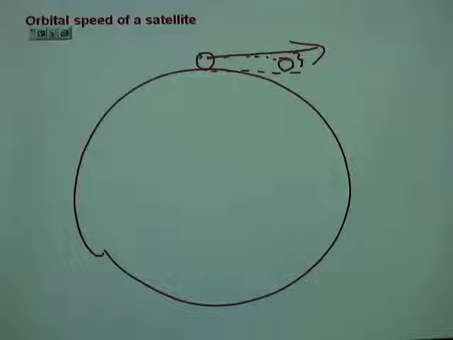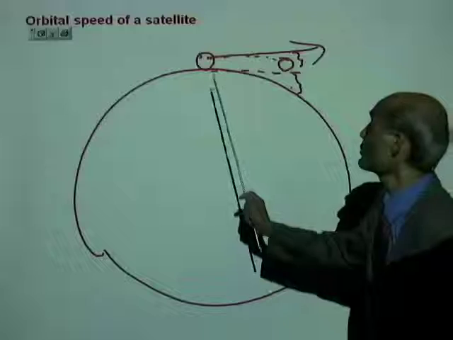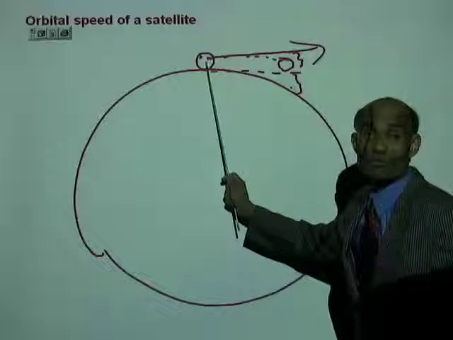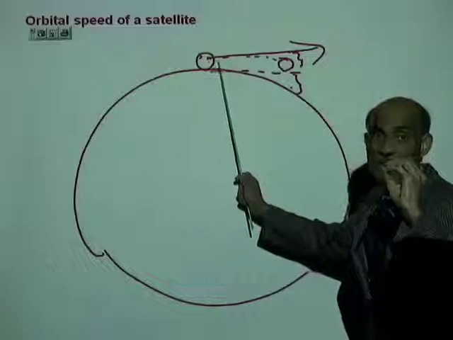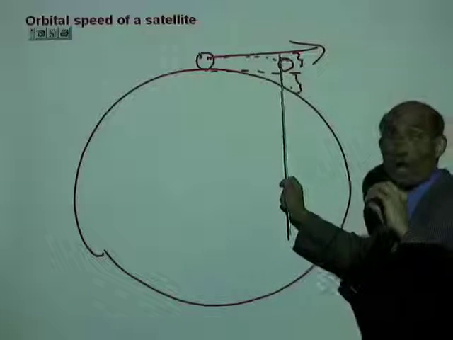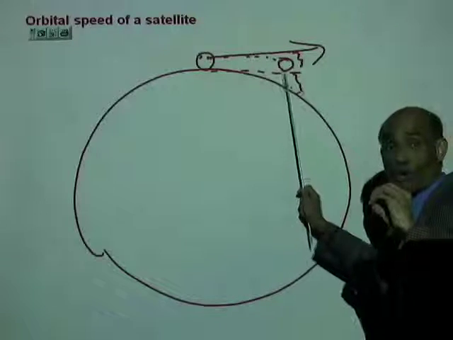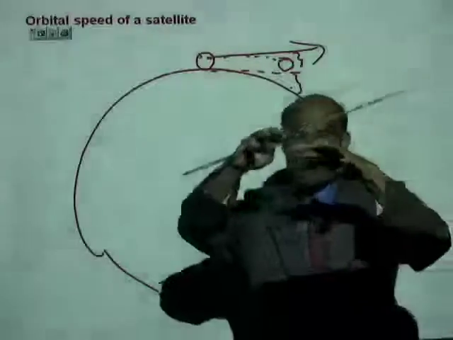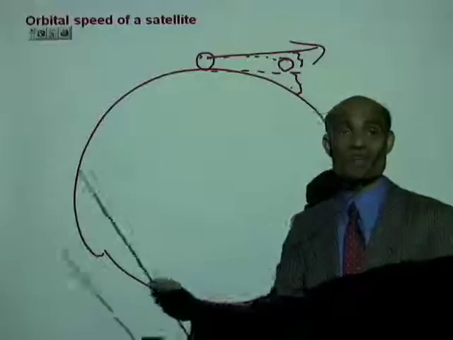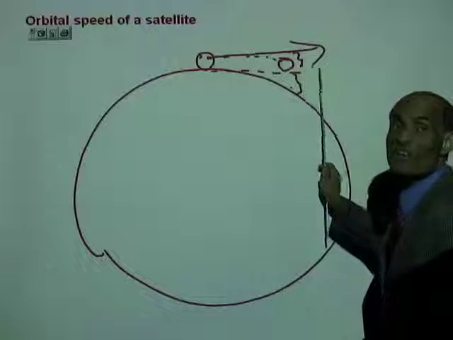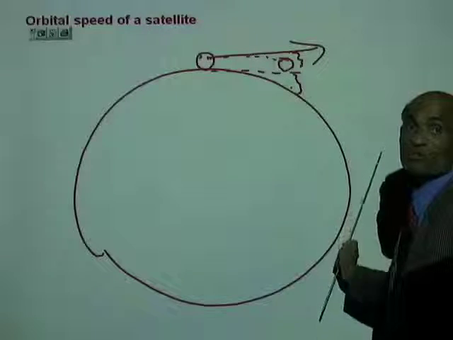And the surface of the Earth at that point also has fallen by the same amount. So, if you can throw this ball with such a speed that the amount of fall of the ball is equal to the amount of fall of the surface of the Earth due to the curvature of the Earth, then this ball will never come back to the Earth.